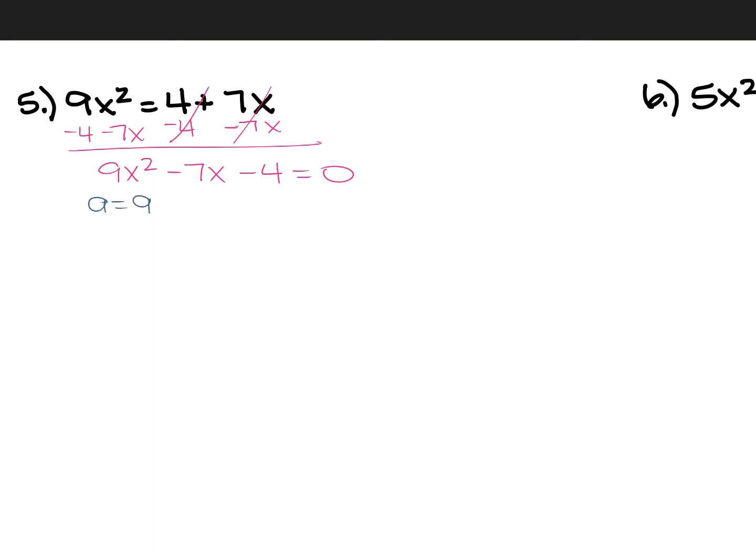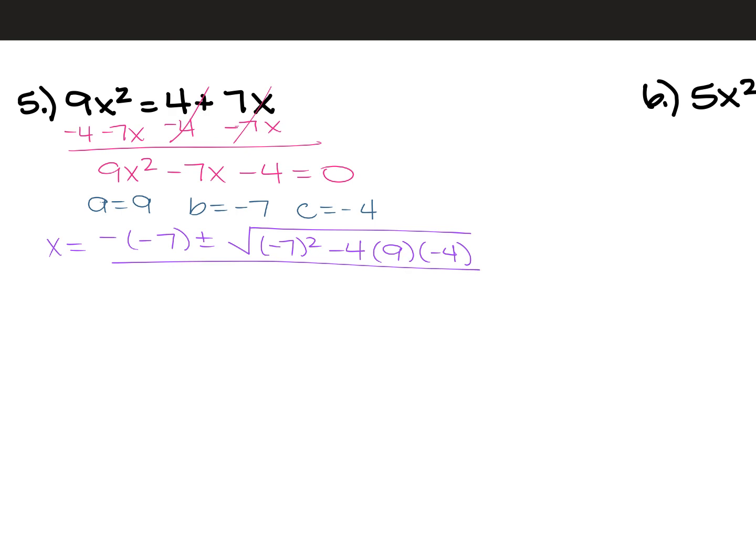A is 9, B is negative 7, C is negative 4. Plugging this into our quadratic formula, we're going to have x is equal to the opposite of negative 7 plus or minus the square root of negative 7 squared minus 4 times 9 times negative 4 all over 2 times 9.